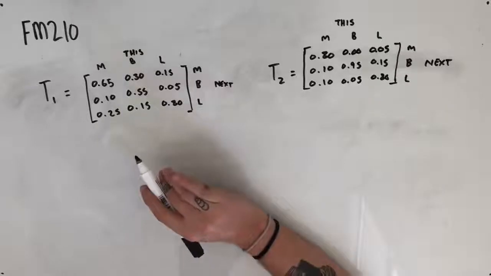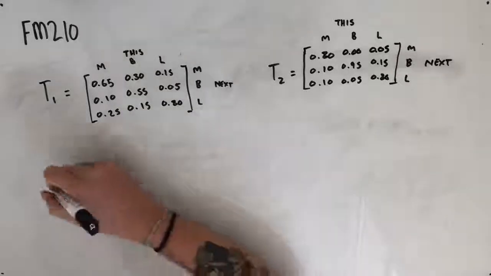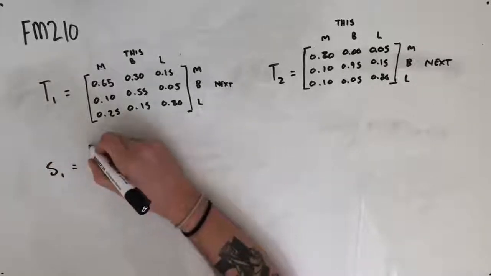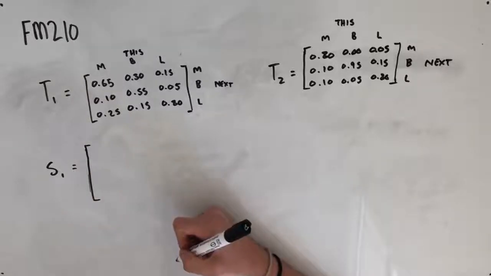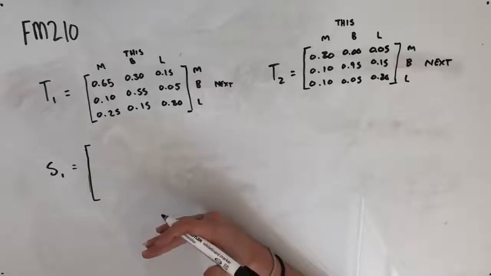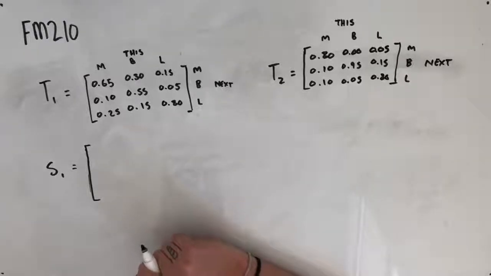Now, an easy place to start this question is actually by finding that initial state matrix. So we're going to find what that matrix is. Now, we know that the initial state matrix is going to be vertical. I can give a bit of a further lowdown on why that happens in another video, if you want. Please just comment that in the comments below and I'll get onto it.